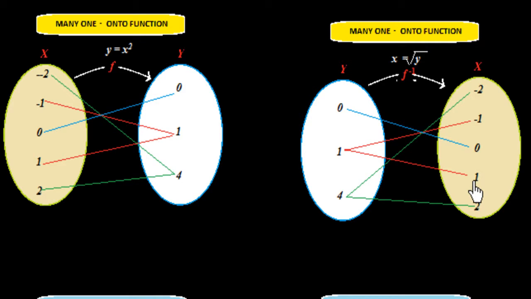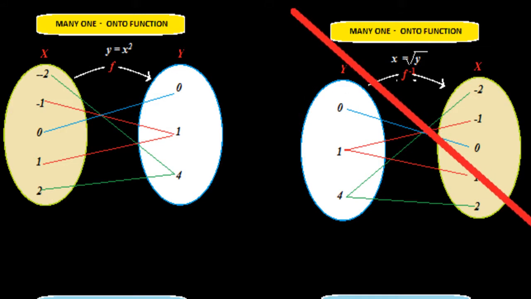So we are getting something which is wrong. We are unable to get minus 1 for 1, and minus 2 and 2 for 4. So it is not a function because there is not a unique element in x associated to y. There are two elements, minus 1 and 1, associated here with 1, and minus 2 and 2 associated with 4. So this function is not invertible. So I cross this also.